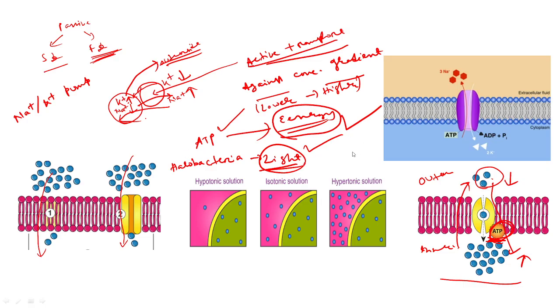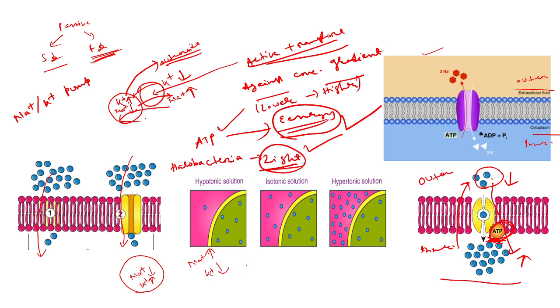Okay. Now this is the sodium potassium pump. This is the extracellular fluid, that means the outer side. This is the cytoplasm, that means the inner side. I have already told that inside, the sodium concentration is lower and the potassium is higher. And on the outer side, the sodium concentration is higher and the potassium concentration is lower.